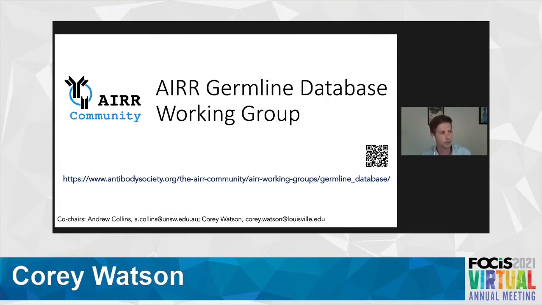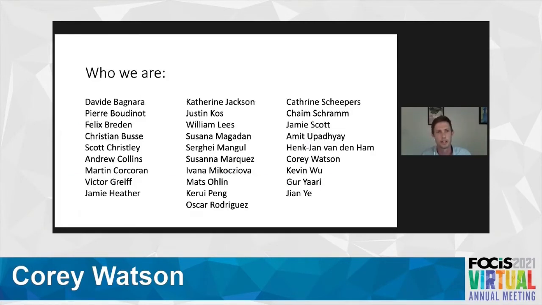Several years ago, the Germline Database working group was established to begin addressing these problems and try to make improvements in this area. This group is currently co-chaired by Andrew Collins and myself. There's the link for it if anyone is interested, and it's composed of many different people across the field who are interested in these problems.